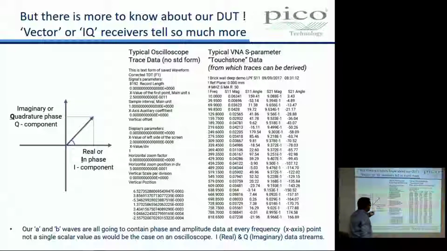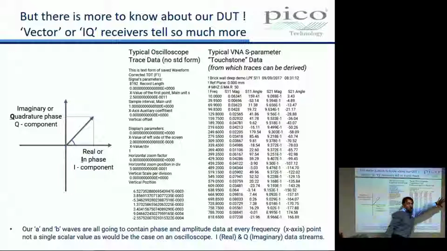When we get data off one of these receivers, we're going to get data in this form. We've converted it to frequency, and then a magnitude and an angle. And then the second measurement, this is one measurement, the S11, and this is S21, a magnitude and an angle.